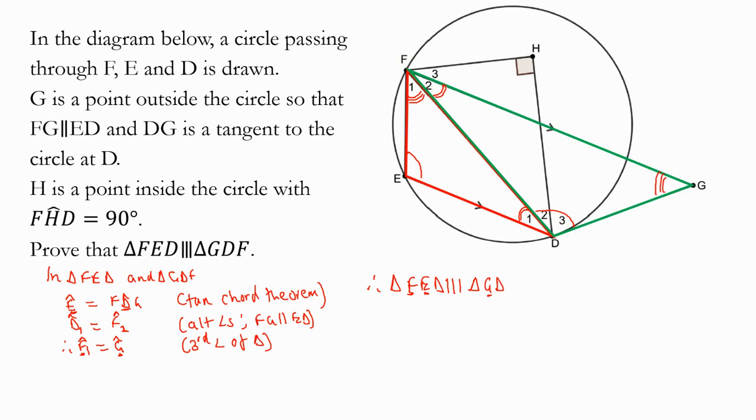And with the last one, D goes with F. D third position, F third position. You see that? So we've managed to prove that triangle FED is similar to triangle GDF. The reason we say is angle, angle, angle. That's what we're supposed to do there.